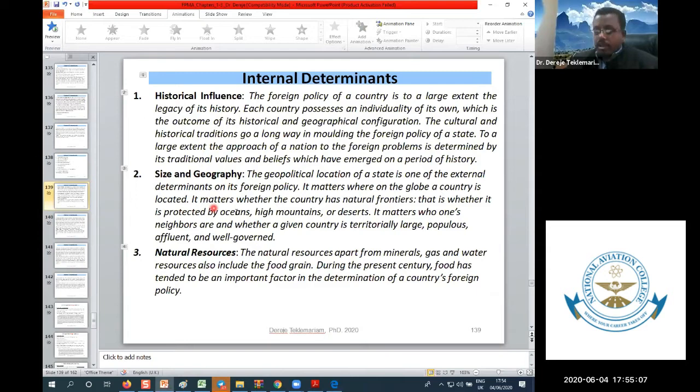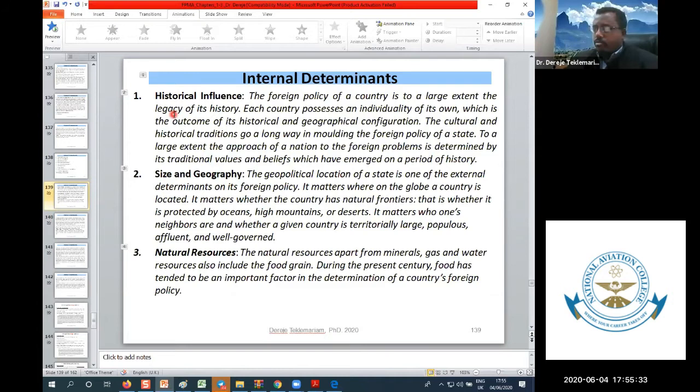It's not like the PowerPoints that I used to provide in the conventional class, because we are now in an online and interactive class. I have to help my students through some detailed notes. So when you say historical influence, it means the foreign policy of a country is, to a large extent, especially, its legacy of its history.